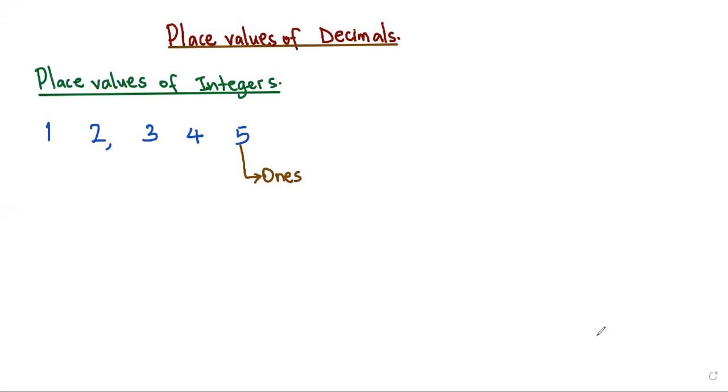We say that 5 is in the ones place. So this implies that the place value of 5 is ones.